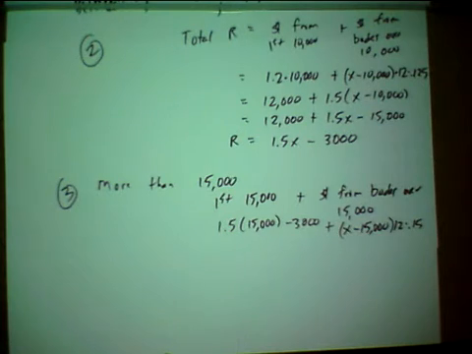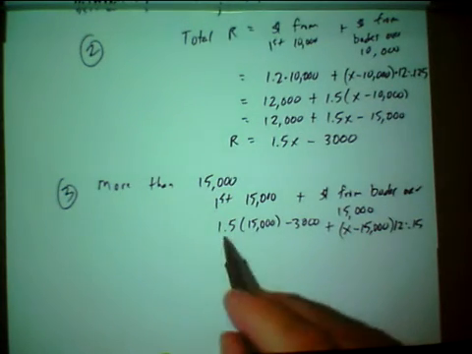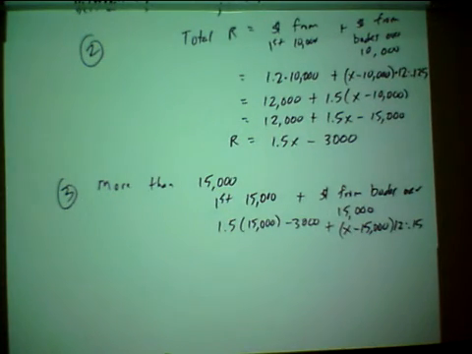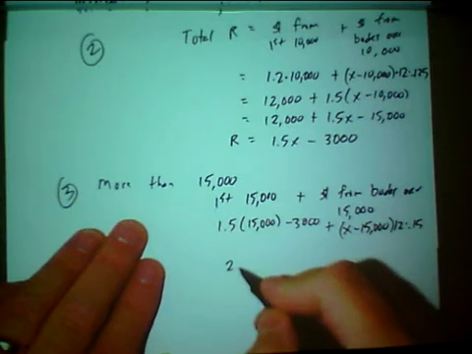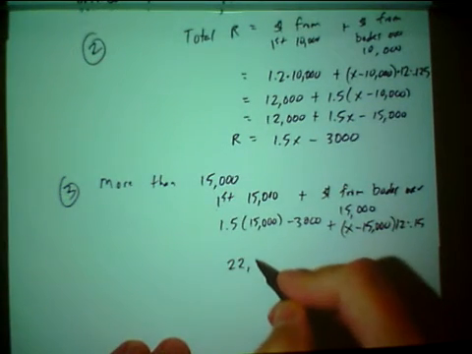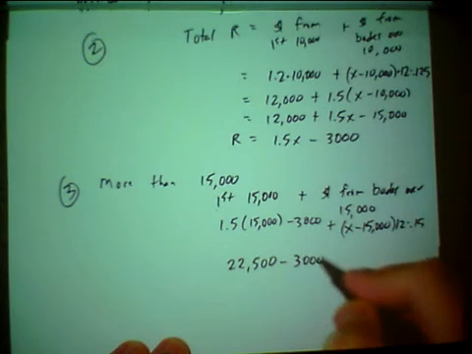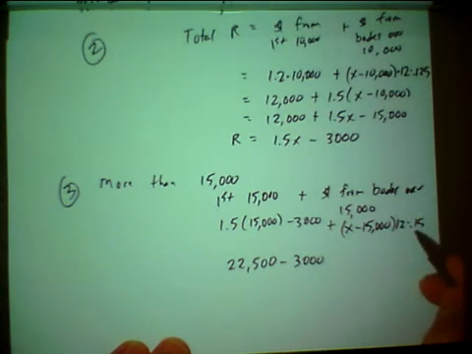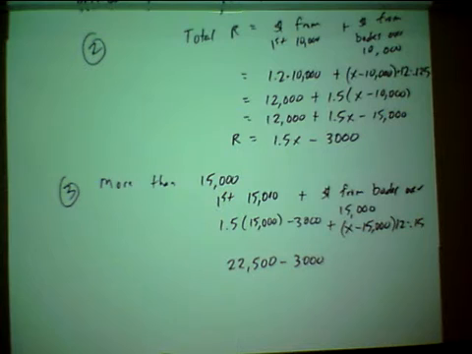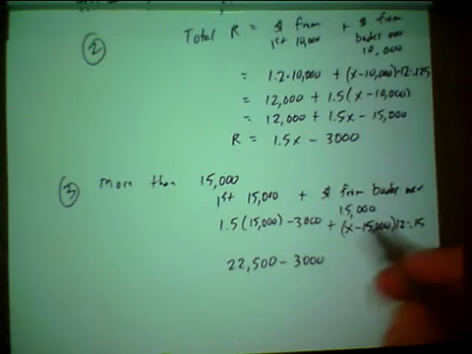So now, let's multiply 1.5 times 15,000. That's 22,500 minus 3,000. 12 times 0.15, this parenthesis times 0.15 is 1.8.